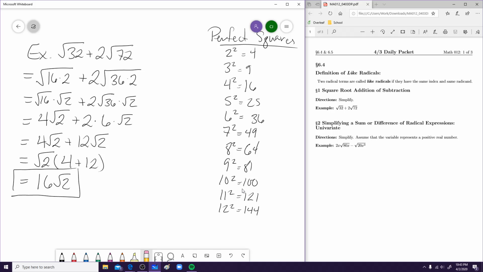But step 2, if you're comfortable, since you know that the square root of 16 is 4, and if you understand the step, then you can just skip it. You can just go ahead and tell me this is 4 square root of 2 plus 2 times 6 square root of 2. Then multiply the 6 and 2, and then you don't need this. You can just go ahead and tell me that this is 16 square root of 2.